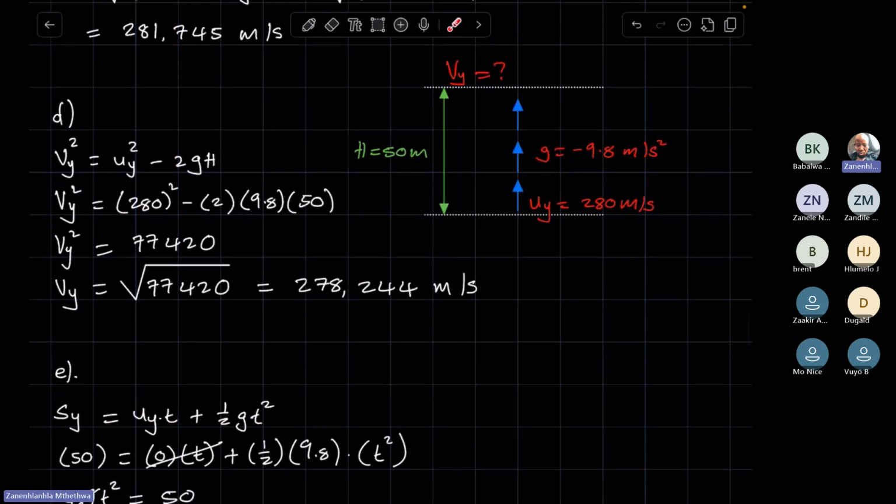All right, so with projectiles, just try to use the most convenient equation of motion. If you can avoid having a long solution, try to avoid that by all means.